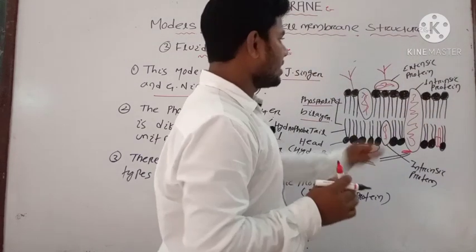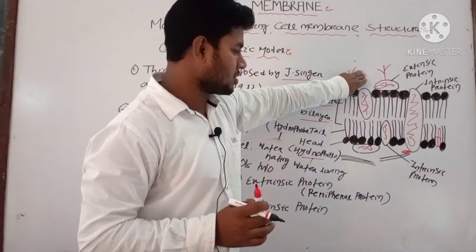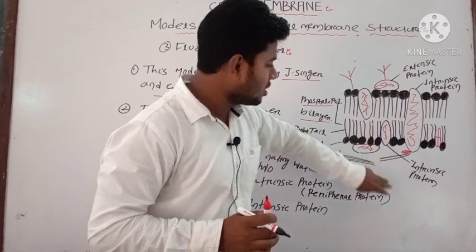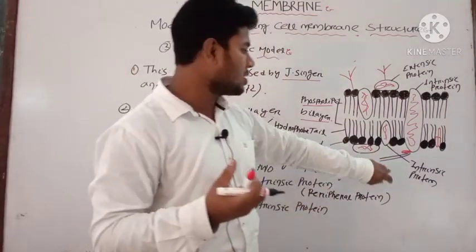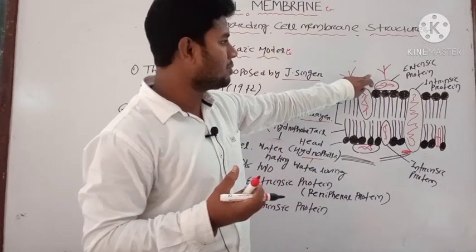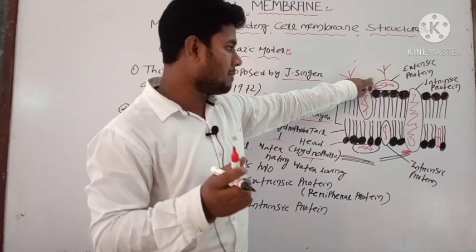Another point is that peripheral proteins are very loosely arranged to the phospholipid structure, but the intrinsic protein or the intermembrane proteins are very tightly arranged and we cannot remove this protein easily, but we can remove the extrinsic protein easily from the phospholipid bilayer.